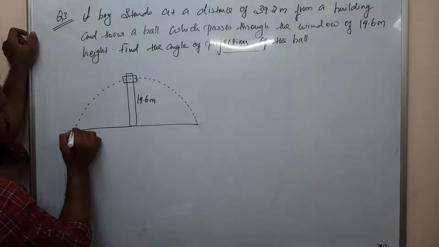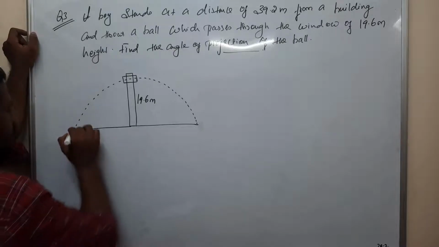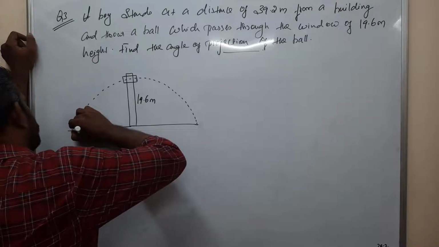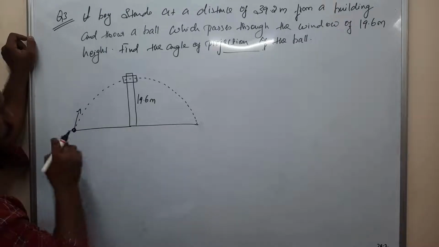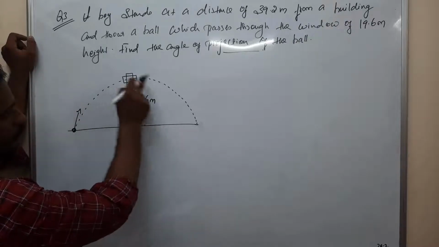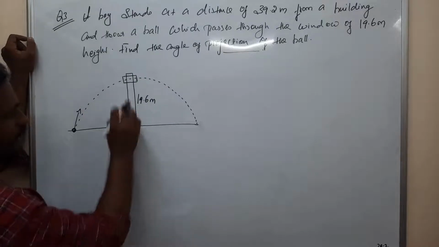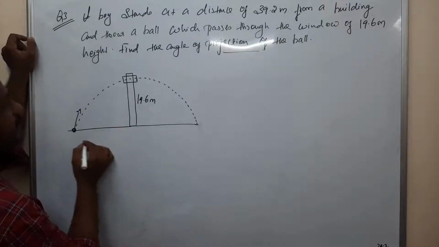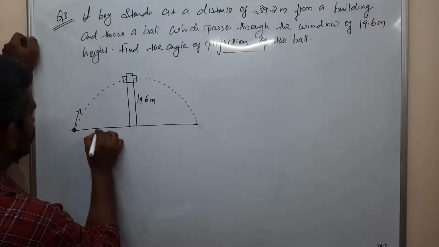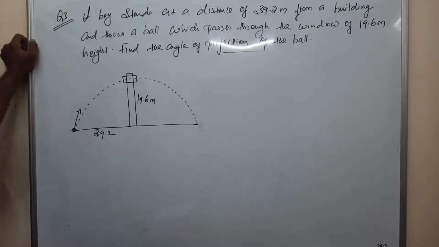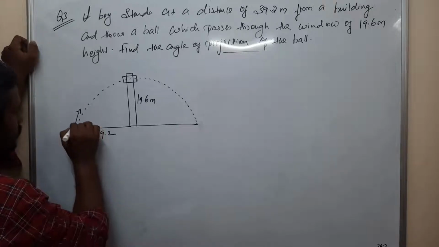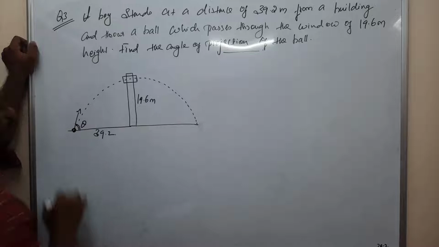A boy is projecting a ball from here, which passes through the window of the building. The boy is standing at a distance of 39.2 meter from the building. So we have to find the angle of projection of the ball, theta.